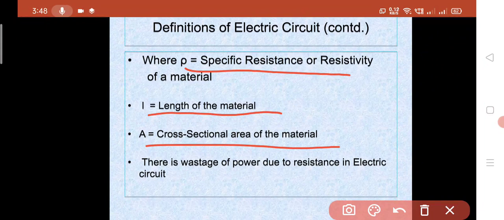Next point, there is wastage of power due to resistance in an electric circuit.